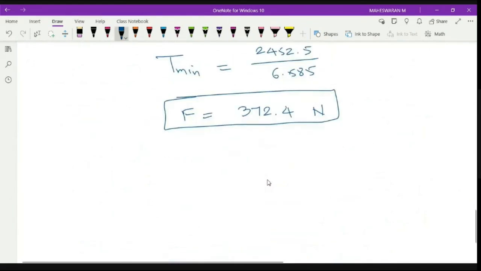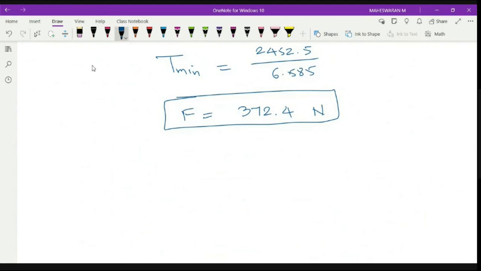Whereas if it's wrapped two times, because of friction, the force required is very, very less. So can you tell me, is there any possibility to neglect this force?